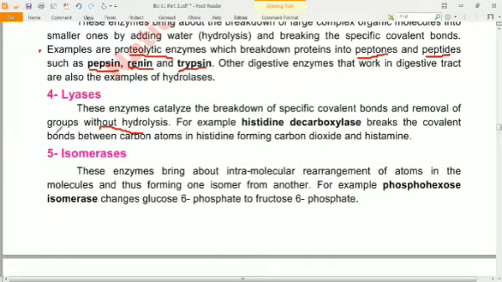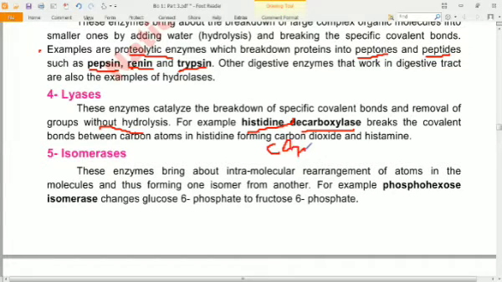For example, histidine decarboxylase breaks the covalent bonds in histidine and removes carbon dioxide to form histamine.